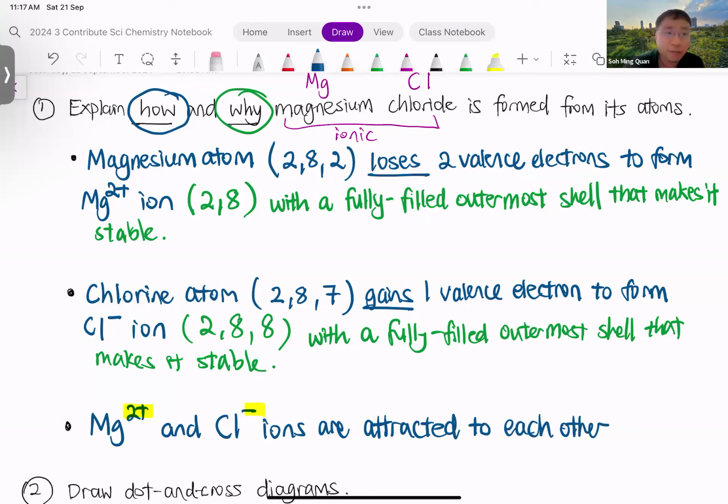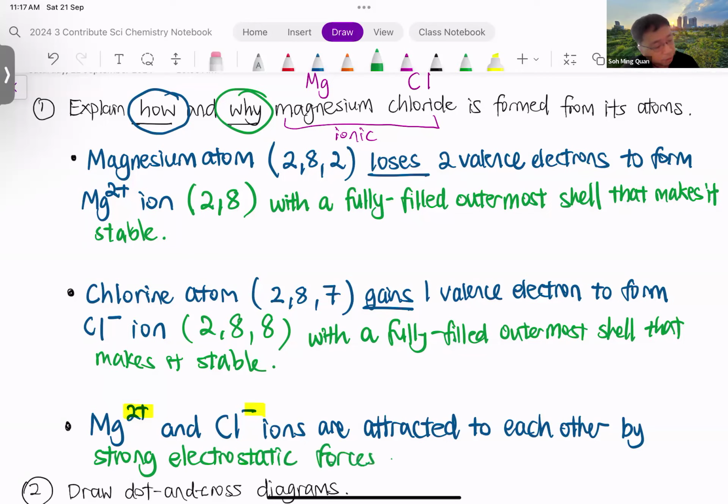Right? Positive attracts negative. Opposites attract. These forces are known as strong electrostatic forces of attraction between ions.